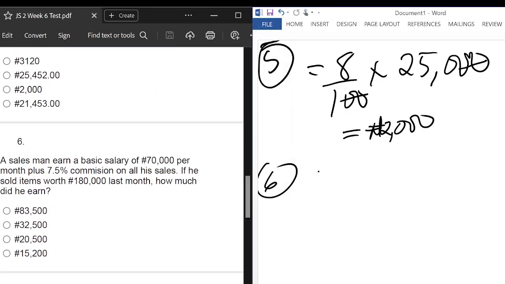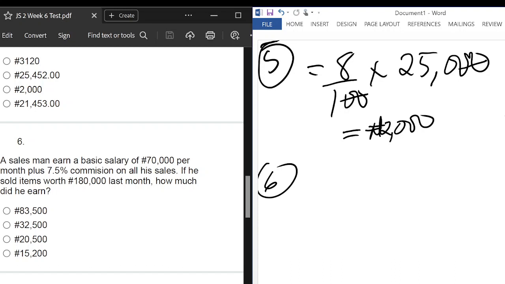We have a salesman who earns a basic salary of 70,000 naira per month plus 7.5% commission on all his sales. If he sold items worth 180,000 naira last month, how much did he earn?